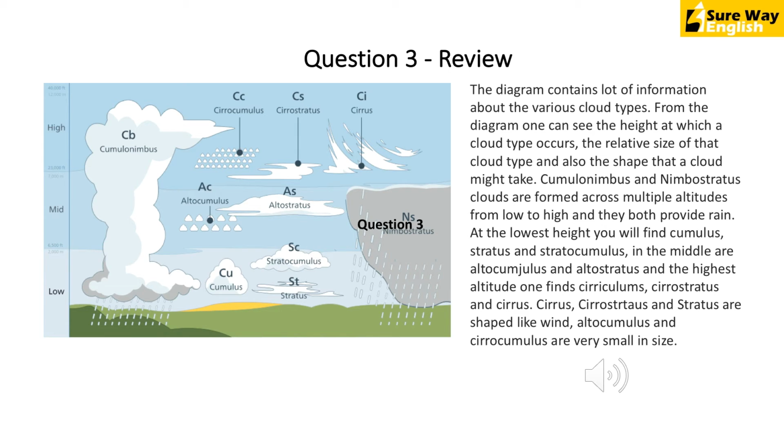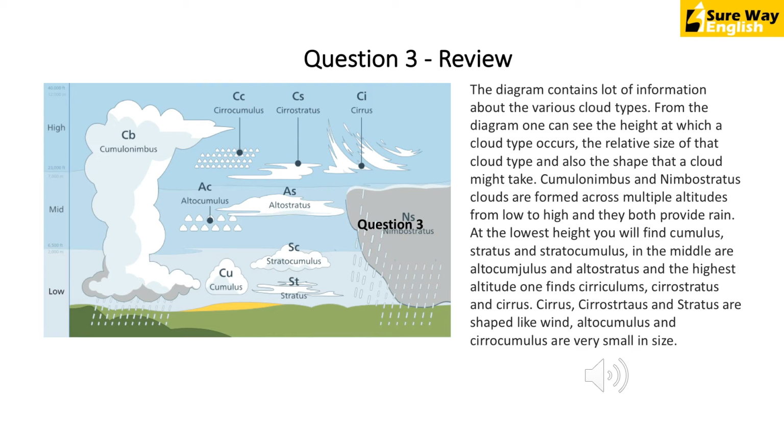At the lowest height, you will find cumulus, stratus, and stratocumulus. In the middle are altocumulus and altostratus, and at the highest altitude one finds cirrocumulus, cirrostratus, and cirrus. Cirrus, cirrostratus, and stratus are shaped like wind. Altocumulus and cirrocumulus are very small in size.